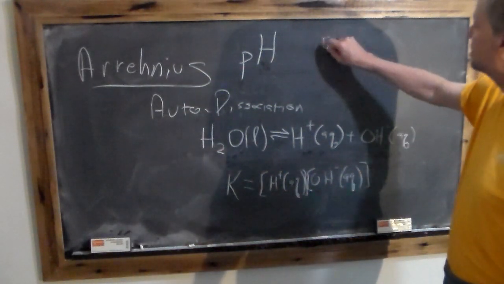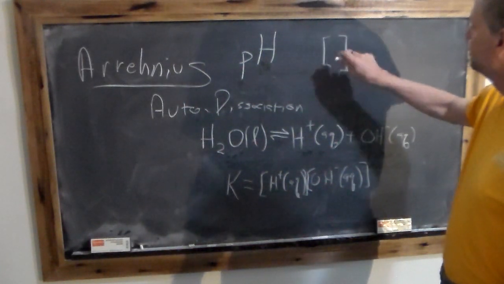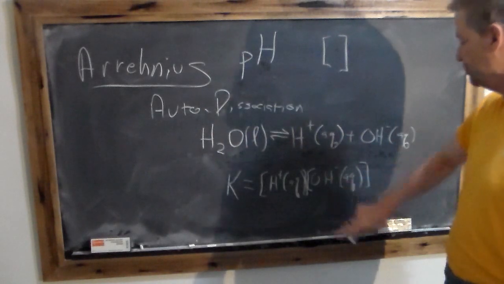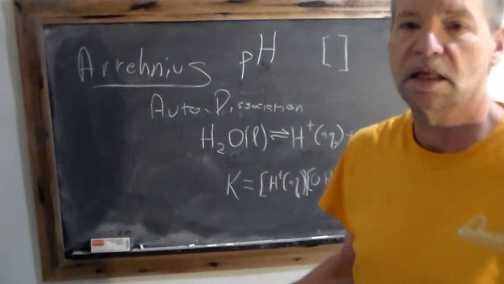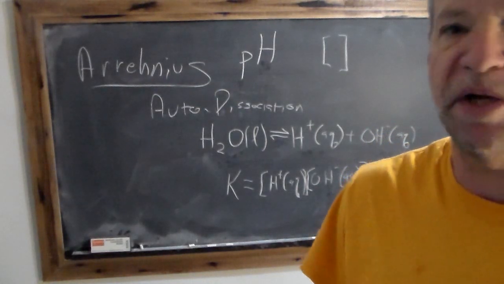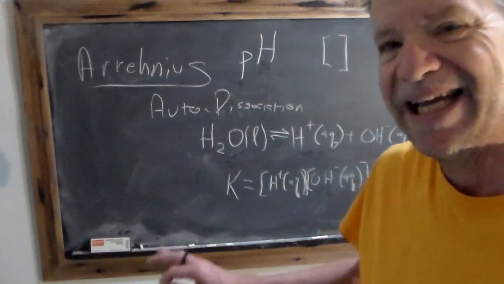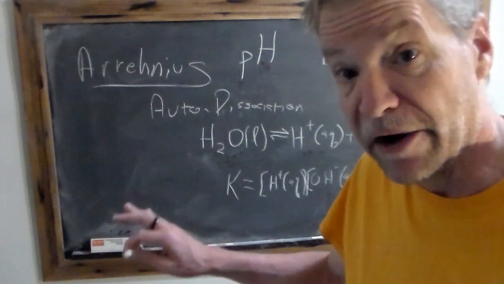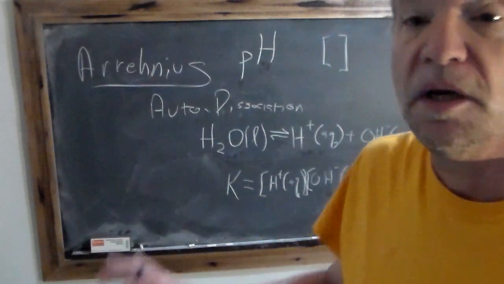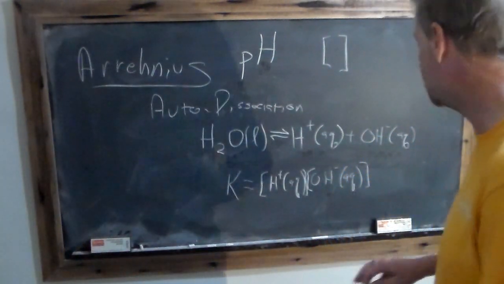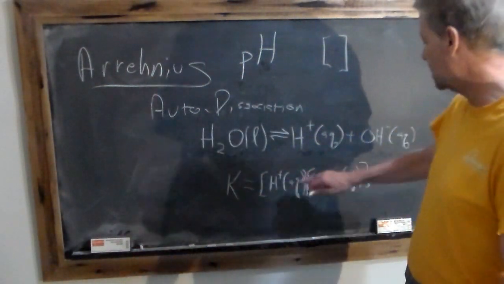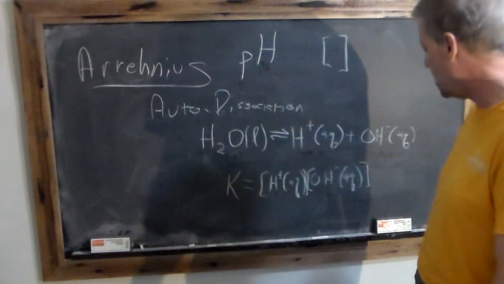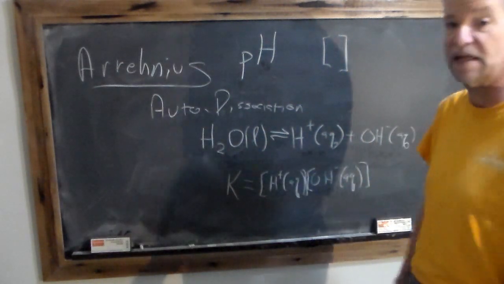These square brackets represent concentration. Specifically, if you know a little bit about chemistry, it stands for molarity as the concentration unit. But we're not going to worry too much about that. It just means concentration. So the equilibrium constant expression is the concentration of hydronium times the concentration of hydroxide.